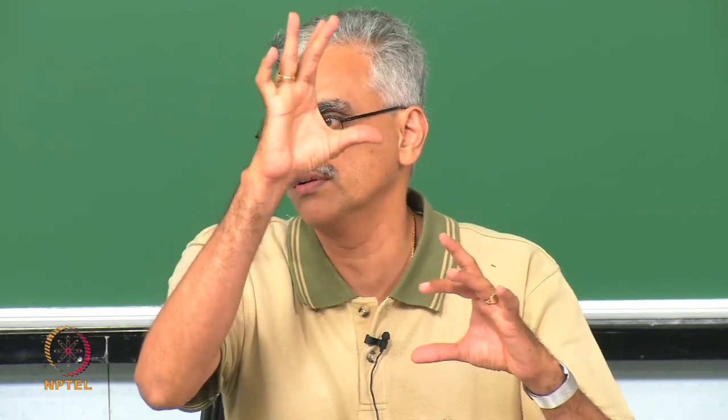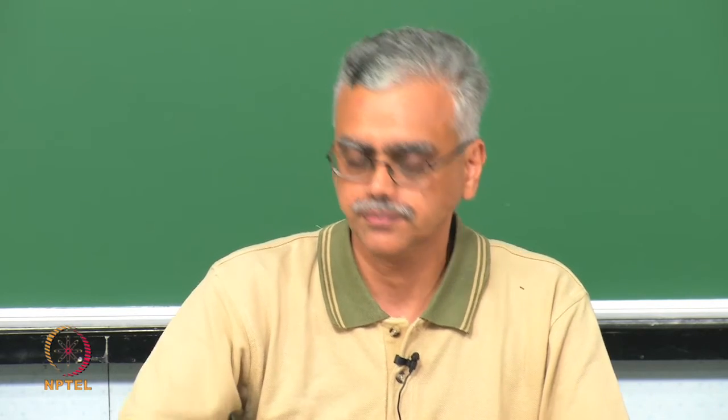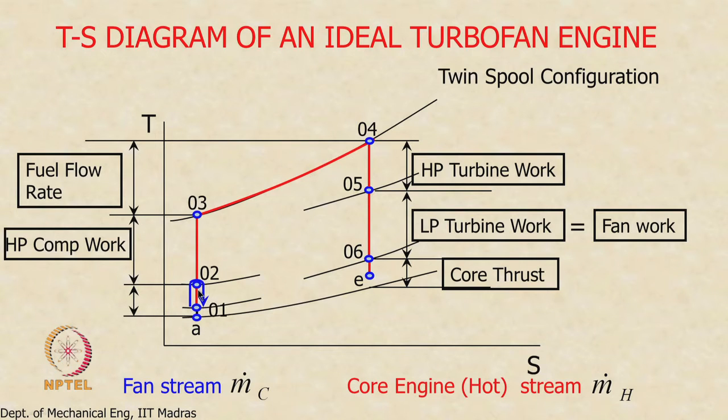The blade speed may be different from here to there, but the overall pressure rise across the fan will be constant, usually 1.17 or so. This is subsonic, that is supersonic, or it is the transonic fan which gives a pressure rise of 1.17 across it, right. That is why I have indicated 0.2 for the core stream also and for the fan stream. So, that pressure rise is the same across the two.